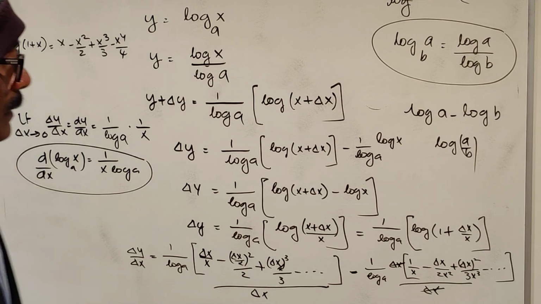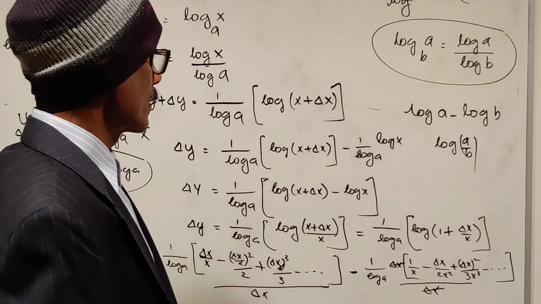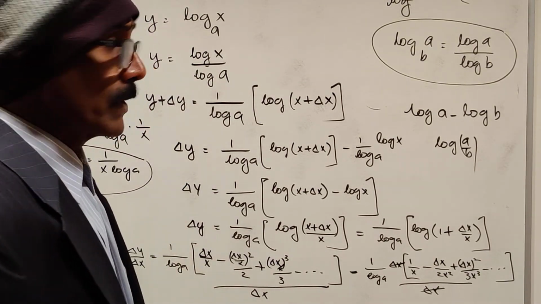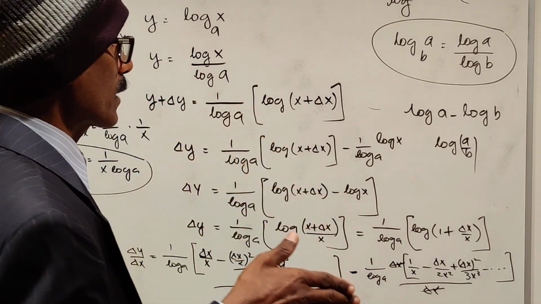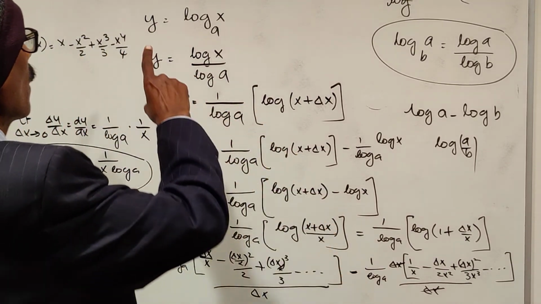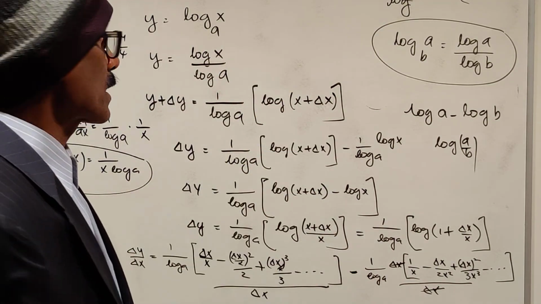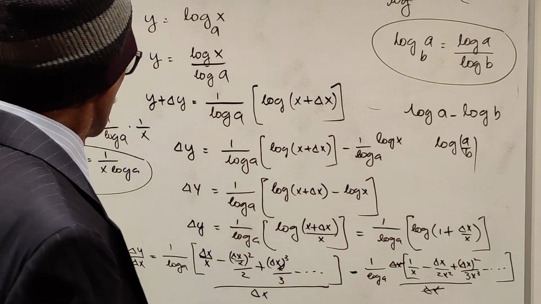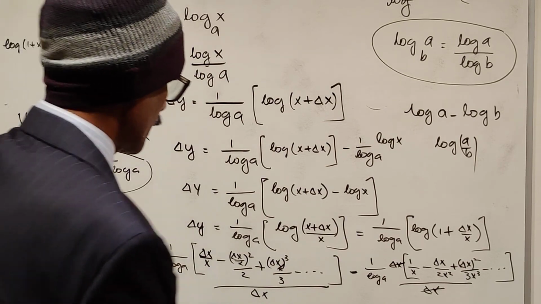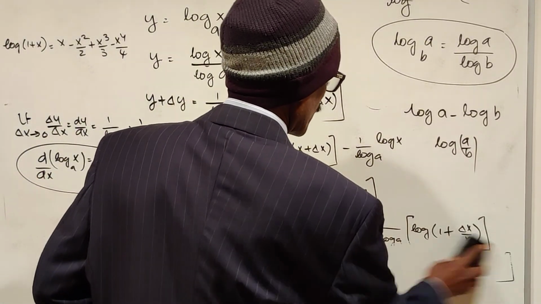Okay guys, there are 3 derivations we did today, right? What is the first one? Y is equal to e raised to x, the exponential function. Second, y is equal to log x, the logarithmic function. Then y is equal to log x to the base a. I will write the 3 formulas together.